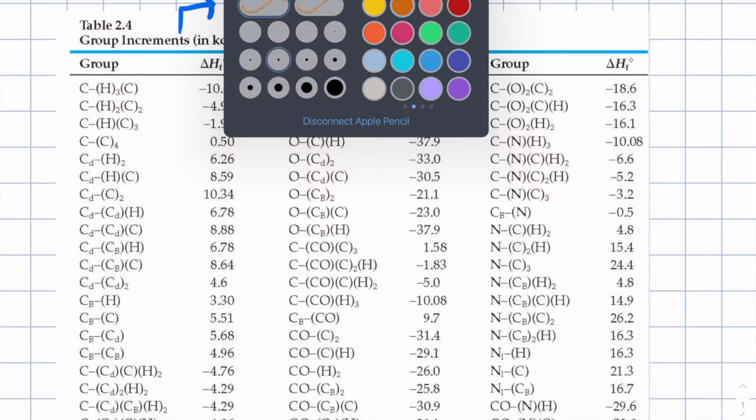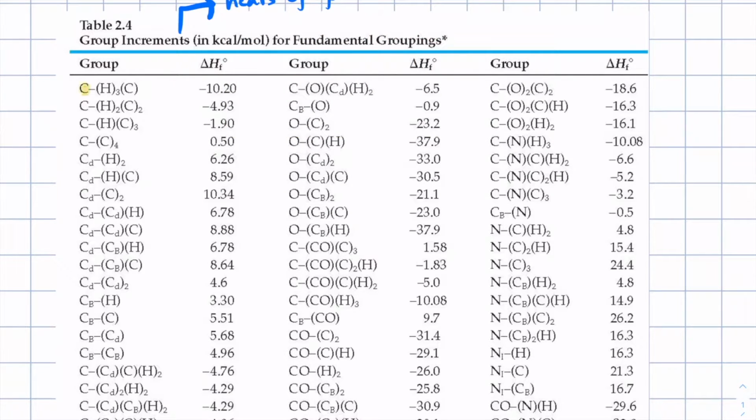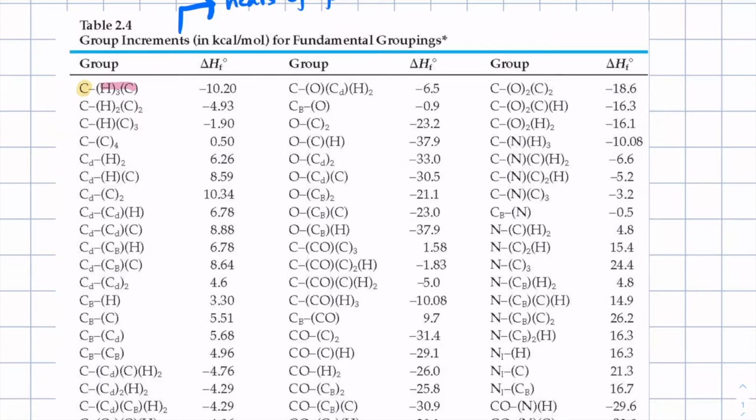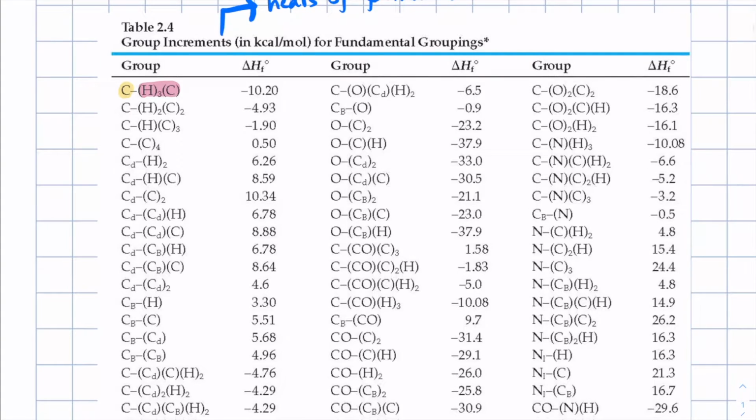Your first letter here refers to the kind of atom we're talking about, and then in parentheses next to it are the things it's bonded to. So the first entry in our table would be referring to a methyl group that is bonded to one other carbon. Okay, we'd be talking about that methyl group.